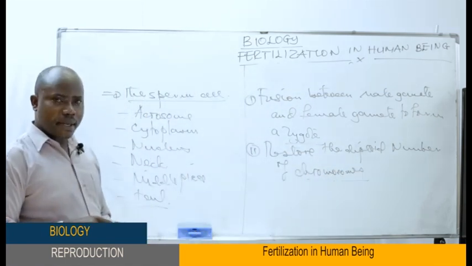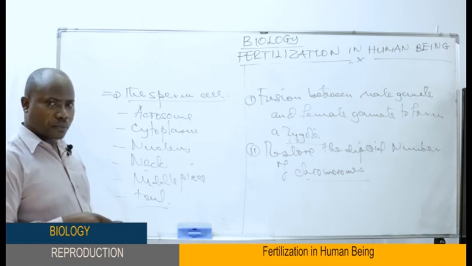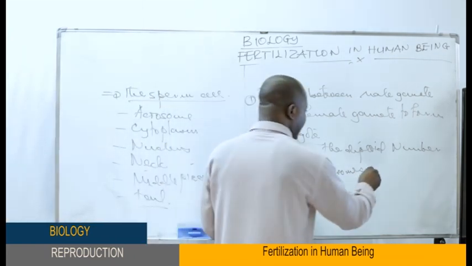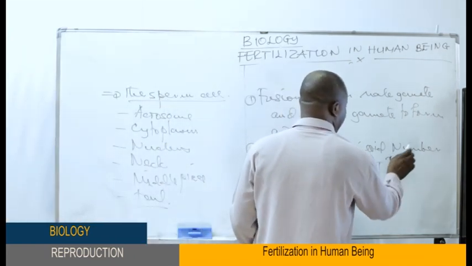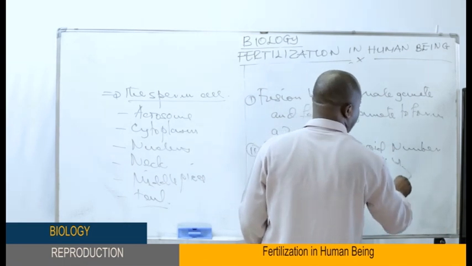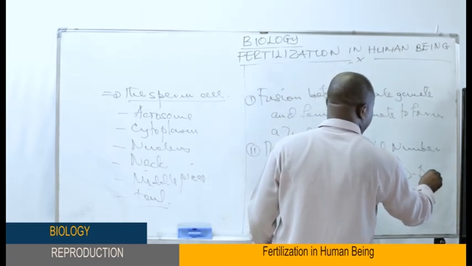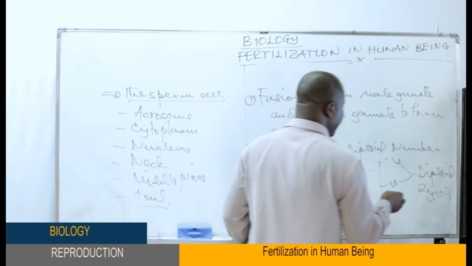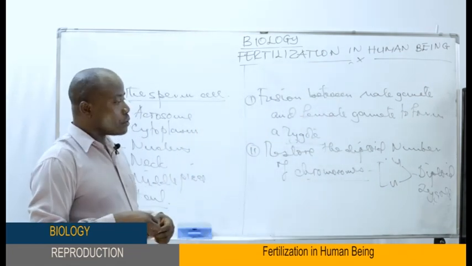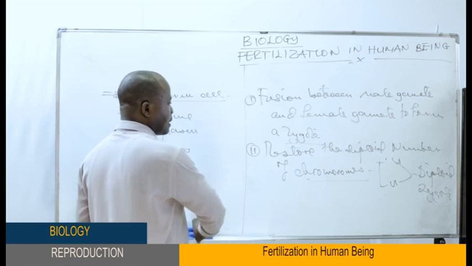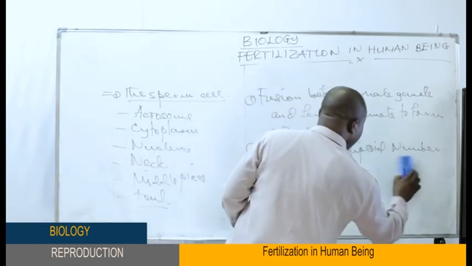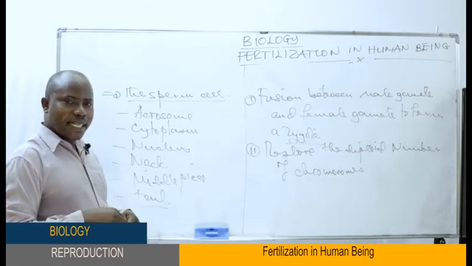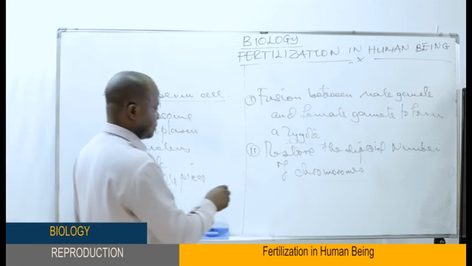Since the male gamete has a haploid number of chromosomes and the female gamete has haploid number of chromosomes, they fuse together. They fuse together, forming a diploid zygote. That has the diploid number of chromosomes of the parent cells. But another importance of fertilization is that through fertilization, variation can be maintained.